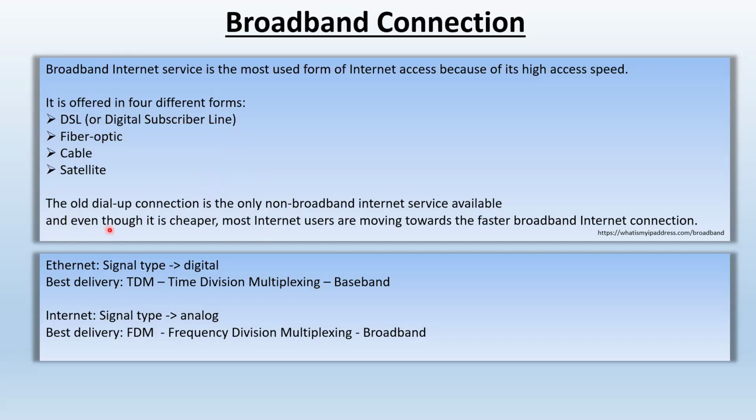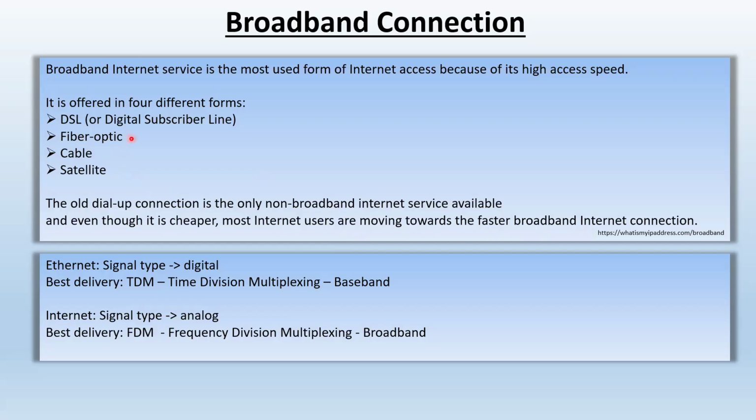Even though the old dial-up connection, notice that I am not using past tense, and it's not a mistake, is the only non-broadband internet service available, and even though it is cheaper, pretty much all internet users have moved now towards the faster broadband internet connection.